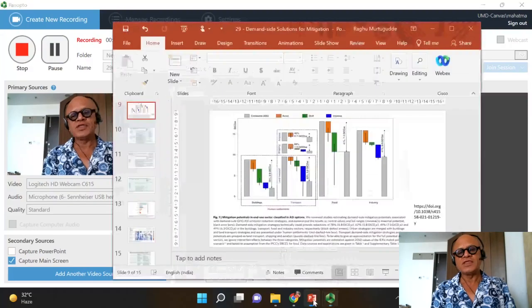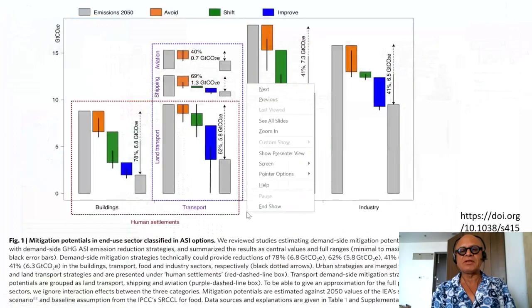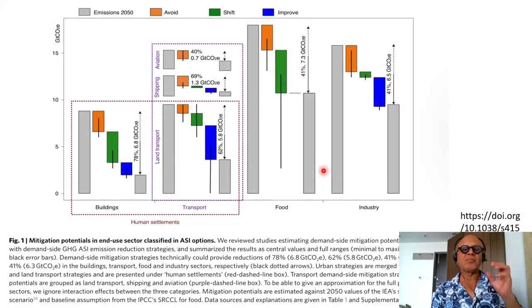Okay, to continue with this idea of demand side solutions for climate mitigation, in other words, reducing impacts from demand side solutions where consumers are contributing to mitigation by reducing emissions via their choices, which we talked about a little bit.